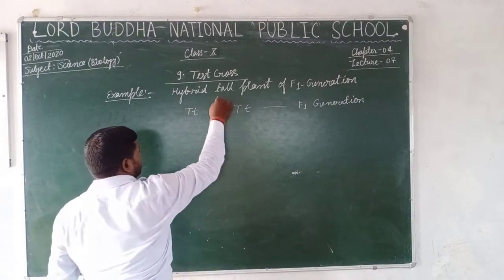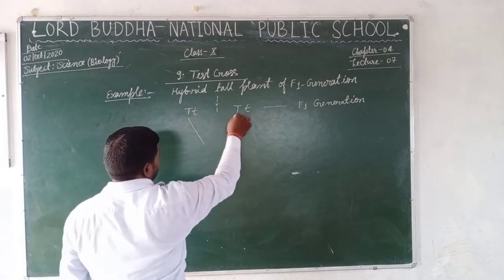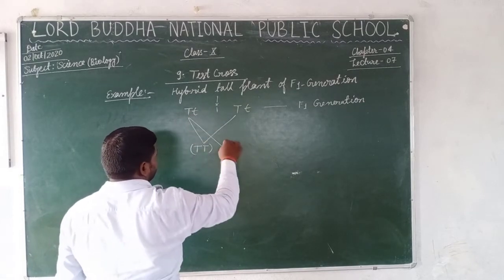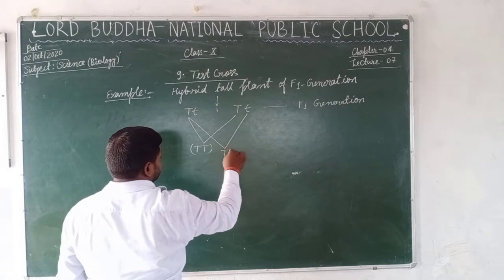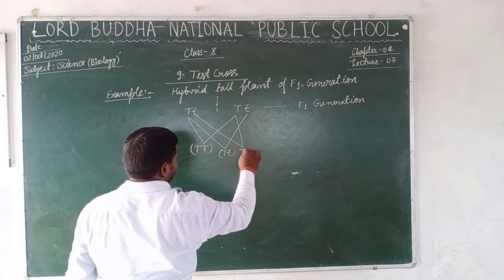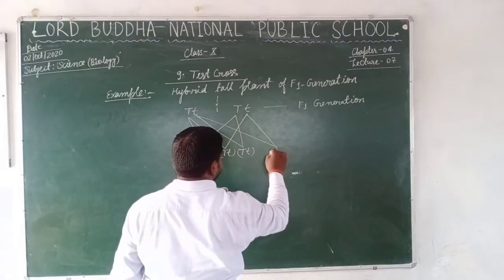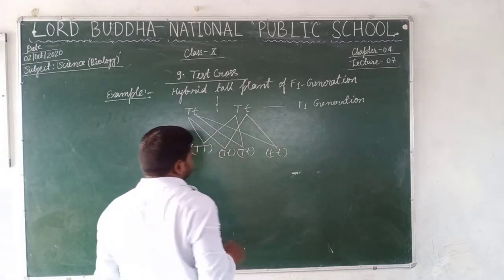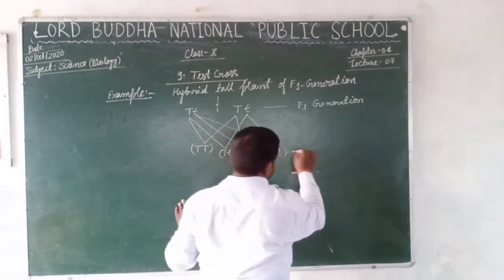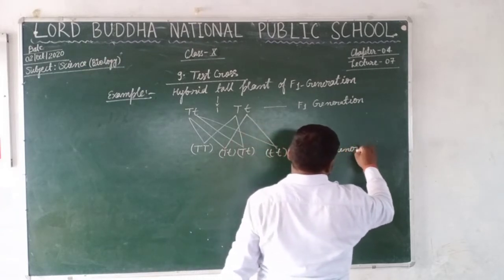Now, when cross-hybridization is carried out, capital T capital T, capital T small t, capital T small t and small t small t individuals are obtained in the F2 generation as a result.